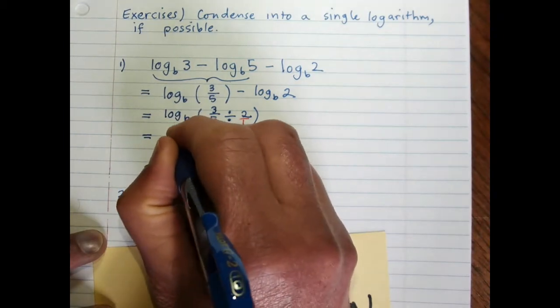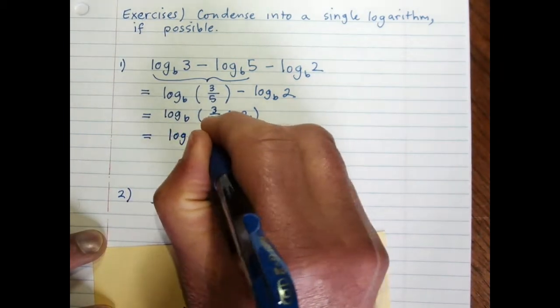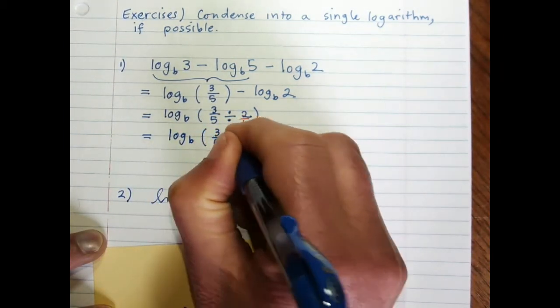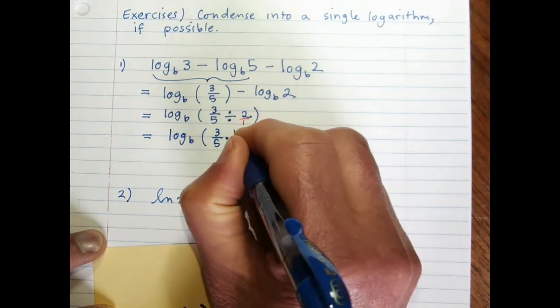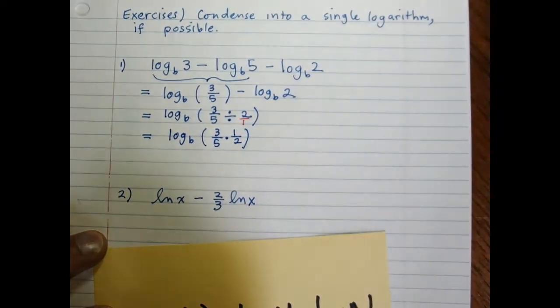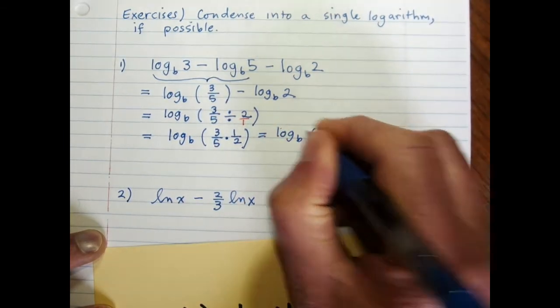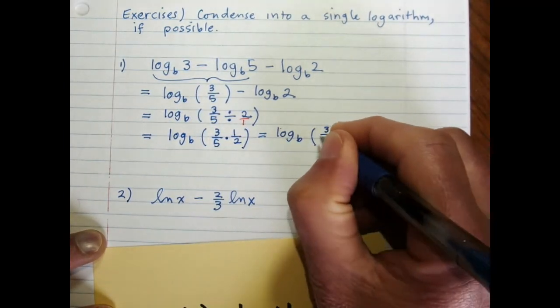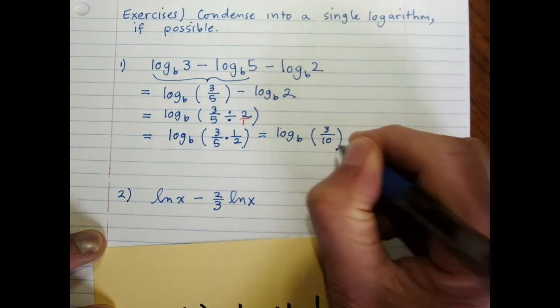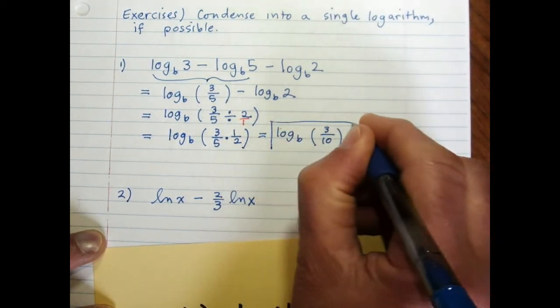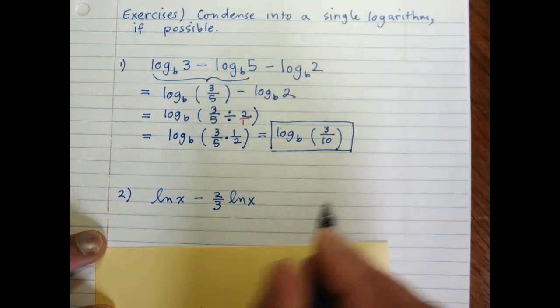So when I carry out that fraction division, that's 3/5 times a half. I invert the second fraction and multiply. So I have log base b of 3, 5 times 2 is 10, 3/10. It's my final log when I get those combined.